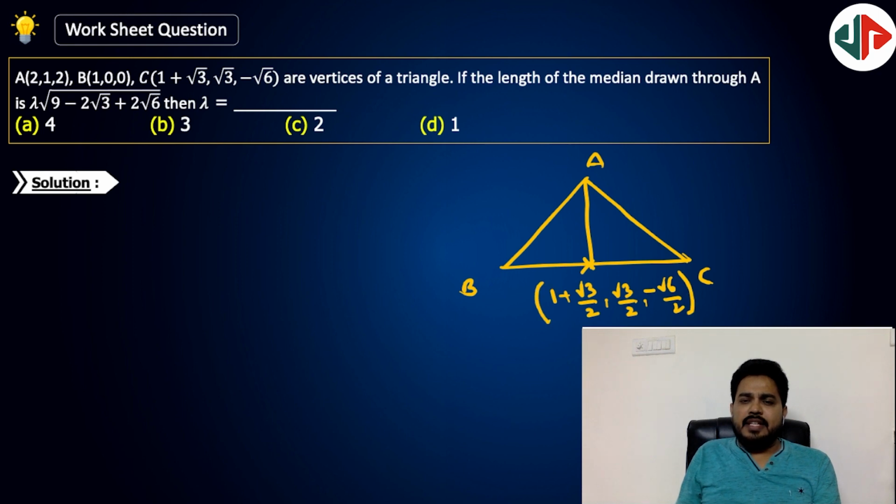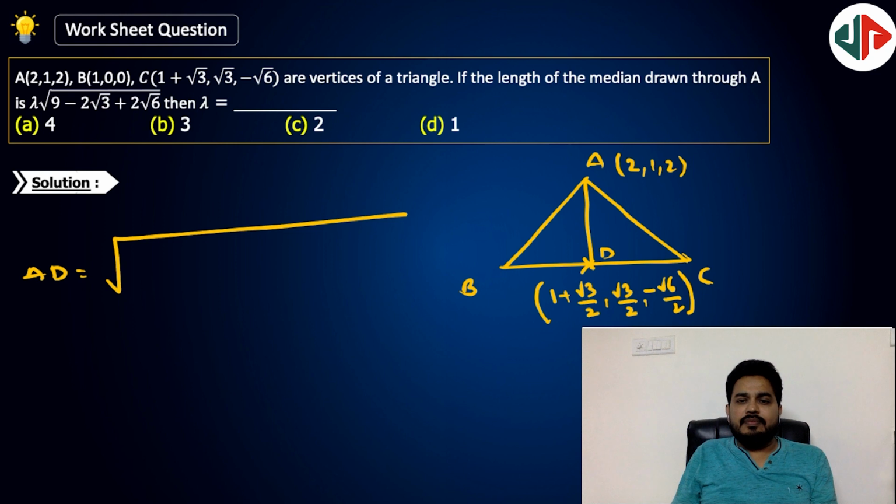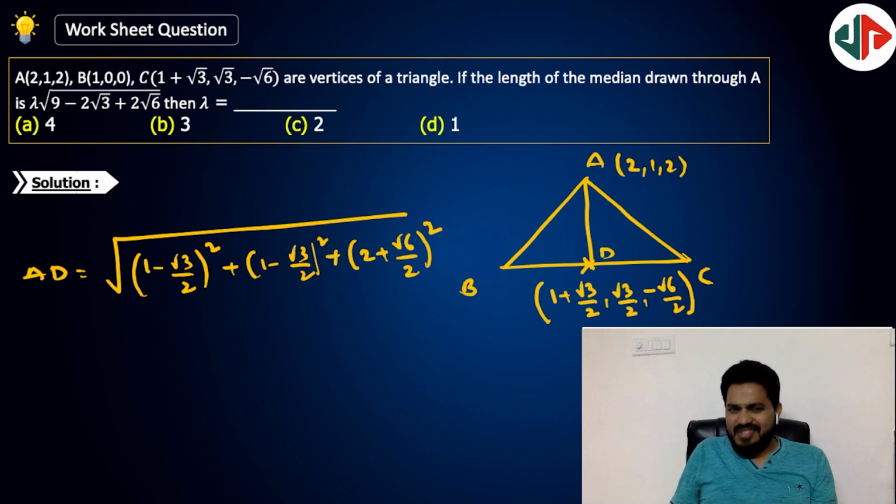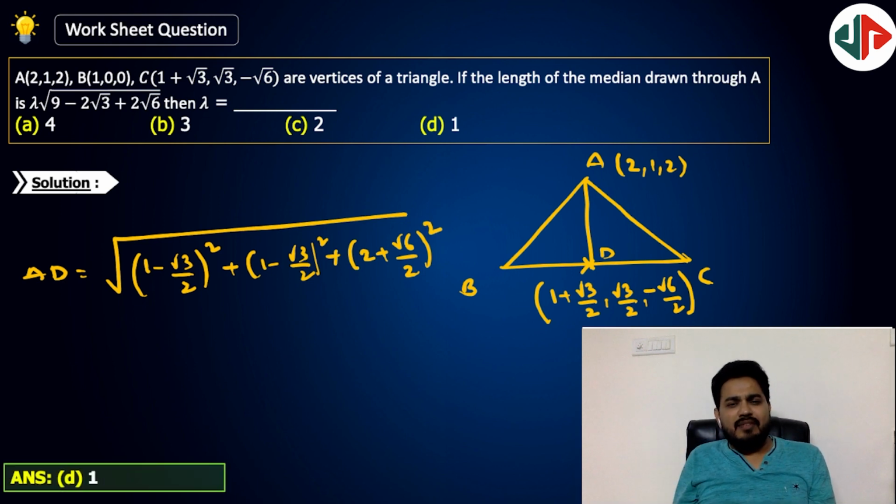You need to find the distance between 2 comma 1 comma and this point. Simply, you need to use the distance formula. That is, AD is equal to square root of 1 minus root 3 by 2 whole square plus 1 minus root 3 by 2 whole square plus 2 minus of minus root 6 by 2 whole square. Just you write lambda is equal to 1 will come.